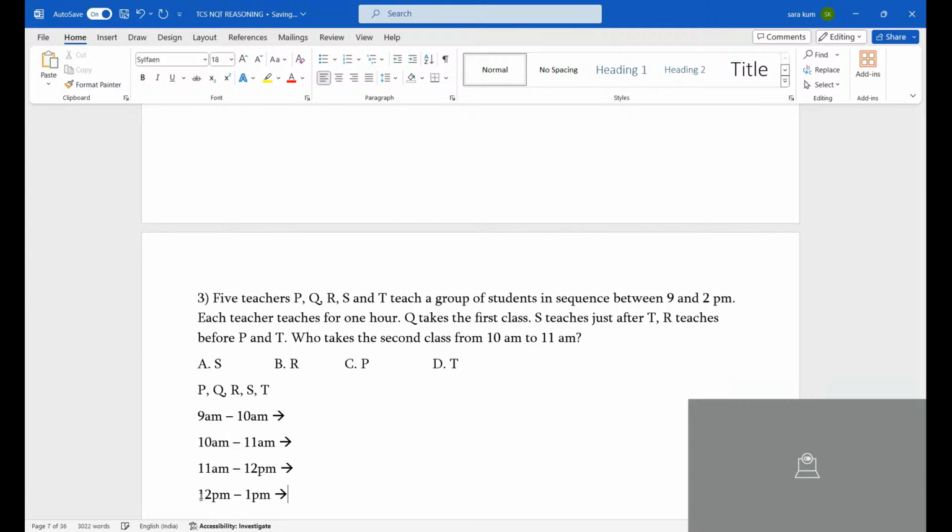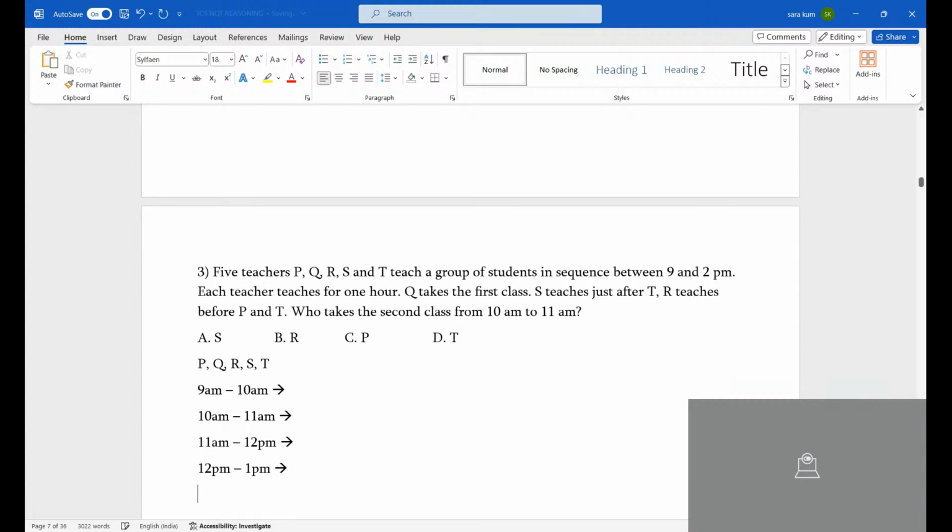I think there is one more. The fifth one is 1 p.m. to 2 p.m. So these are the five slots that we have, and these five teachers all teach.